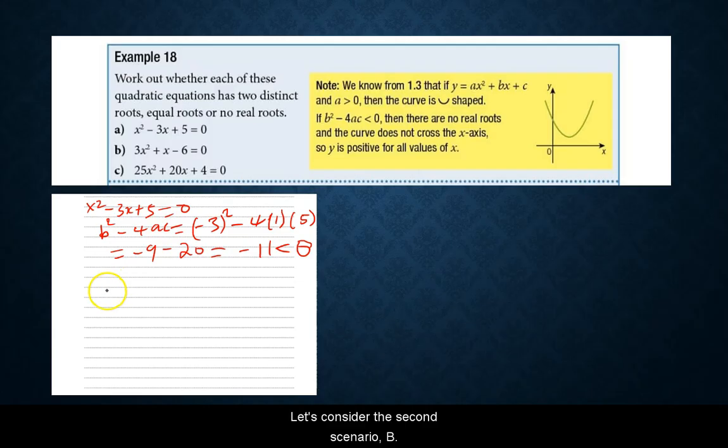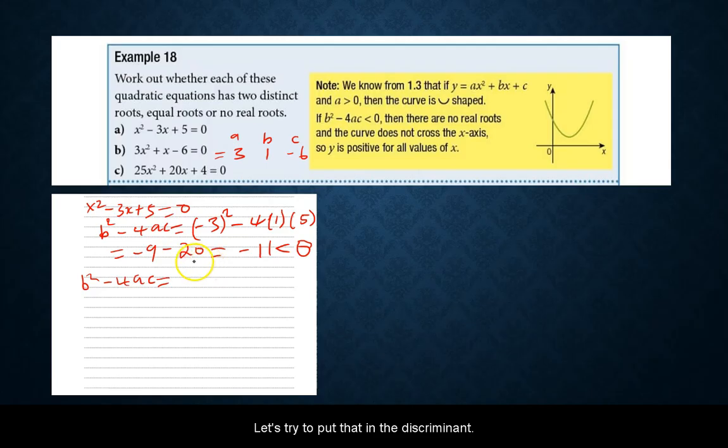Let's consider the second scenario, b. We use the discriminant b squared minus 4ac. Here a is 3, b is 1, and c is negative 6.